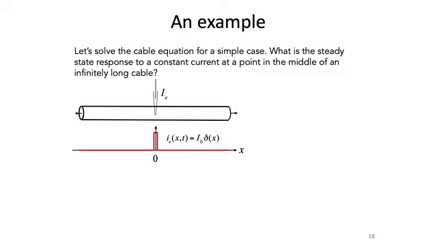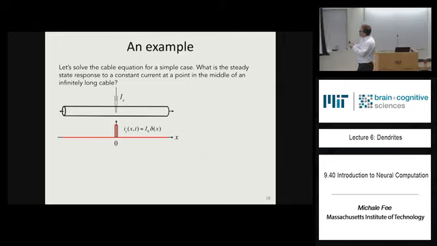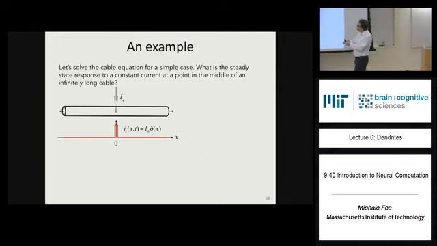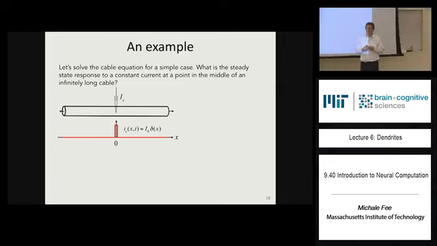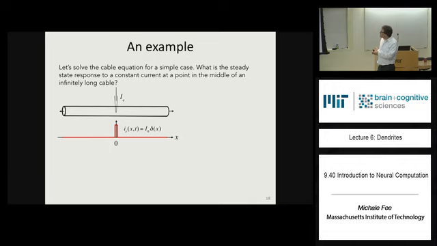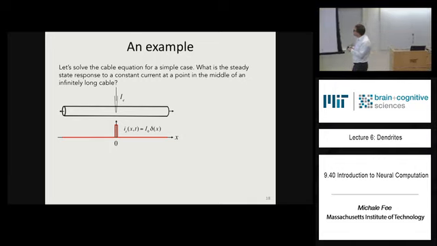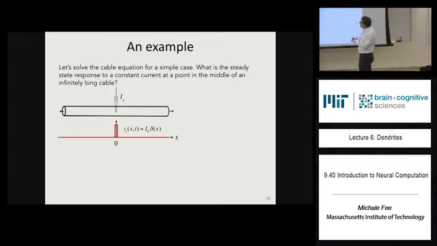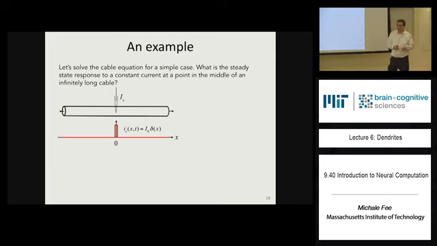Okay, so we're going to take a piece of our cable, and we're going to imagine a piece of dendrite that's infinitely long in either direction. Somewhere here in the middle of it, we're going to put an electrode, and we're going to inject current at one position, position 0. How many of you have heard of a Dirac delta function?